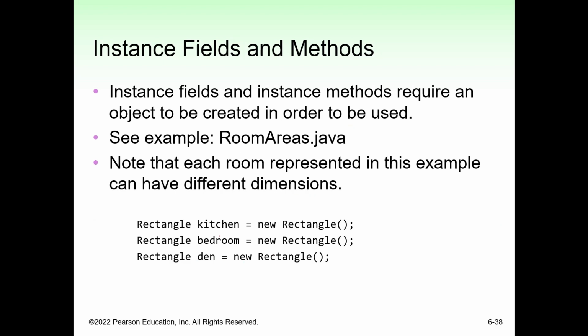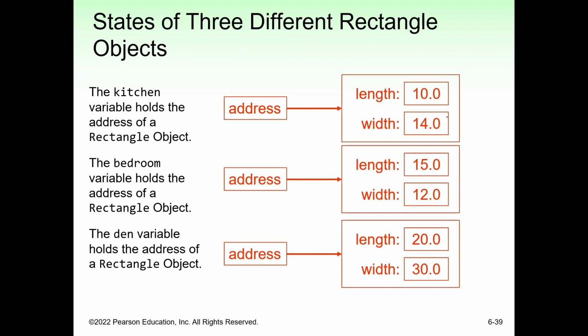Now let's look at what we might use our class for. In this case, we have three objects: one is kitchen, one is bedroom, and one is den. Each one of these objects that we have created will have its own copy of the instance fields, so they can have different dimensions. We can set our dimensions to very different values.